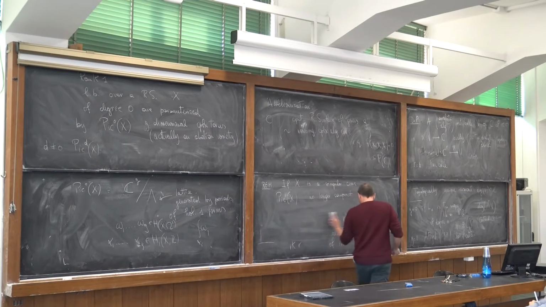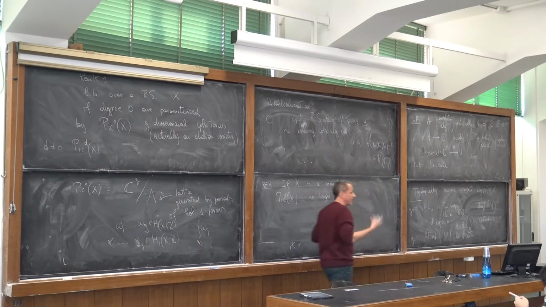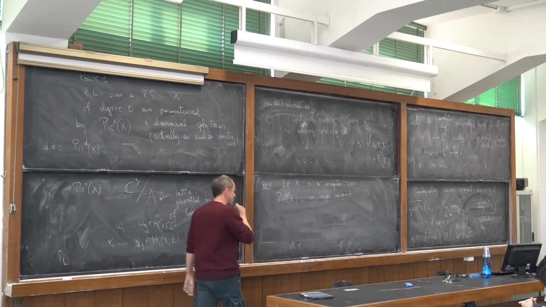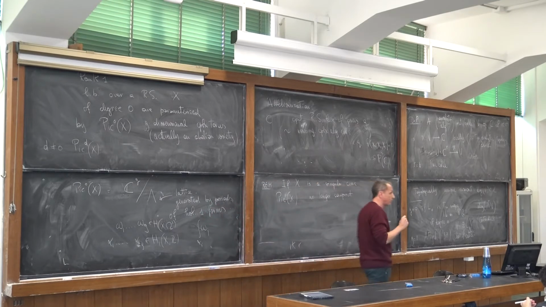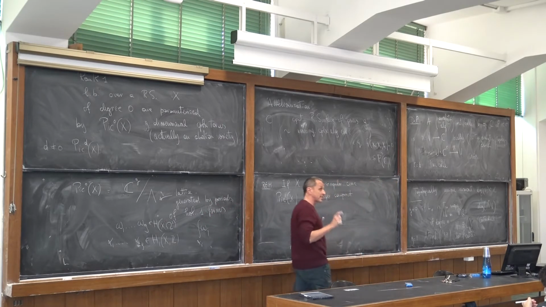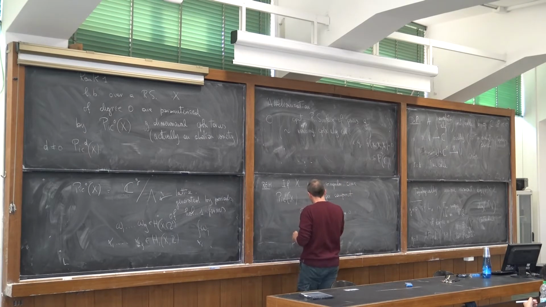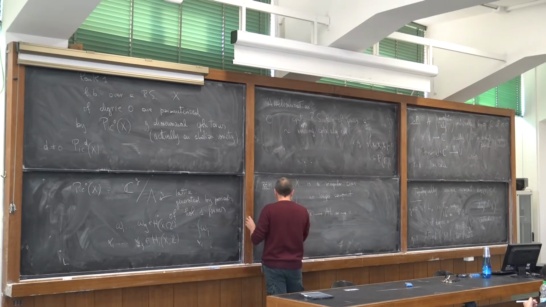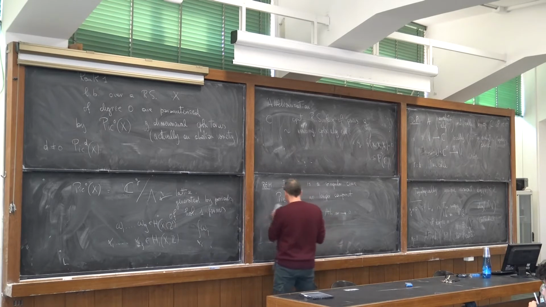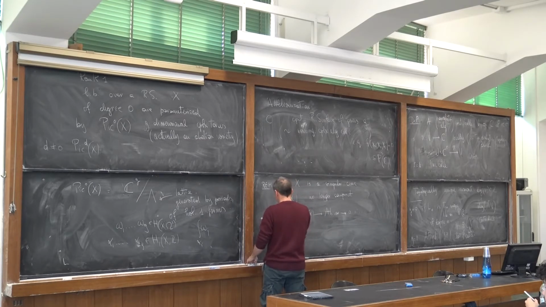By a theorem of Chevalley, this is a connected commutative algebraic group over the complex numbers, so it's an extension of an abelian variety by something which is a product of some additive groups and some multiplicative groups.